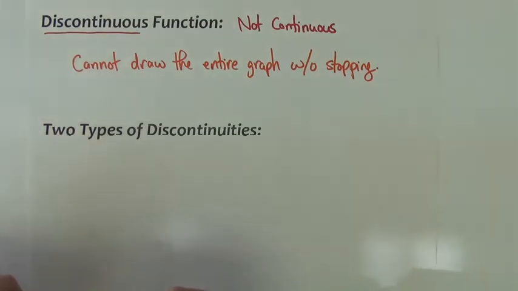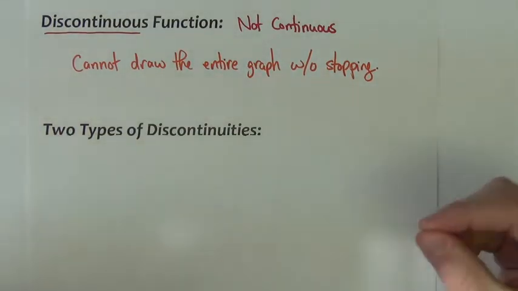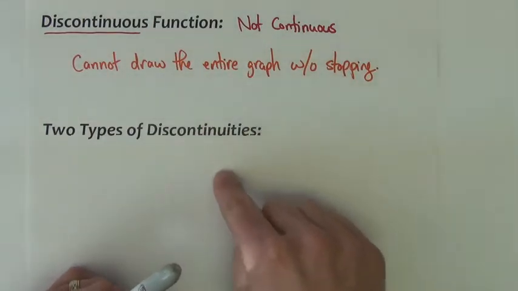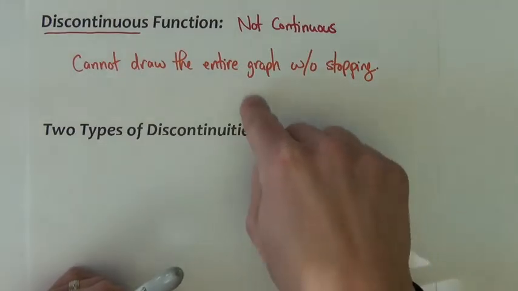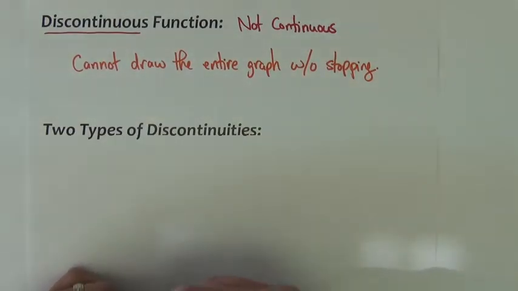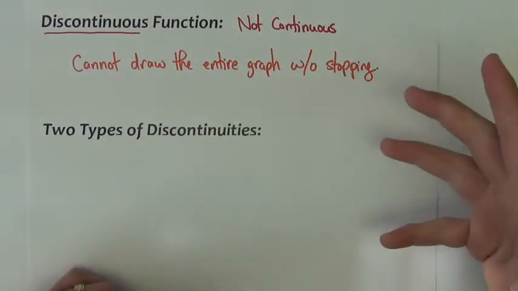You have to stop somewhere, pick up your pencil and restart. Like with that vertical asymptote, you had to draw part of the graph, then stop, pick up, and redraw the other part of the graph.